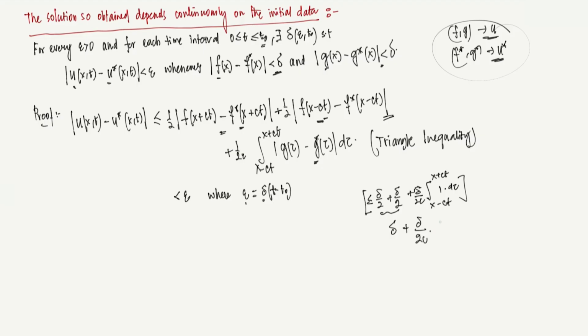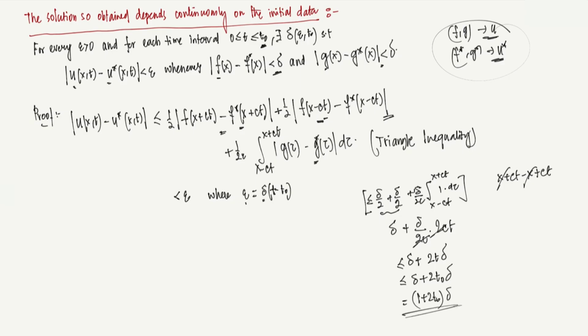This will actually give you x plus ct minus x plus ct, so essentially this is getting cancelled out. It becomes 2 times ct, and the c is getting cancelled. You see, this is delta plus t delta. Here, this t has the upper bound t naught. So essentially you can write it as delta plus 2 t naught delta, which is 1 plus 2 t naught times delta.